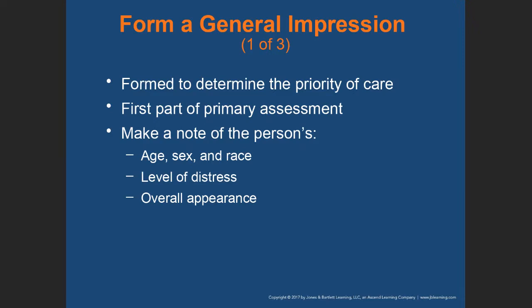There are things that you will note. When you form a general impression, you're considering the age, the sex, the race, the level of distress, and the overall appearance of the patient. And age, at this point, we're not trying to obtain the exact age because it's a general impression. We're trying to categorize the patient into an age group.